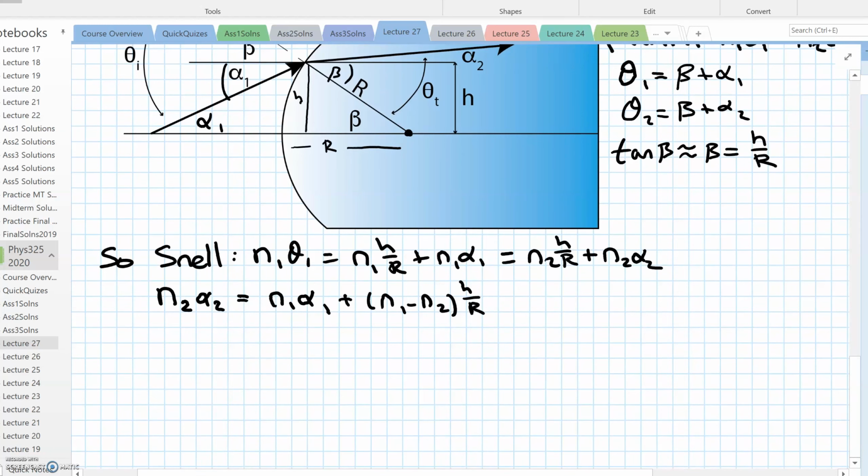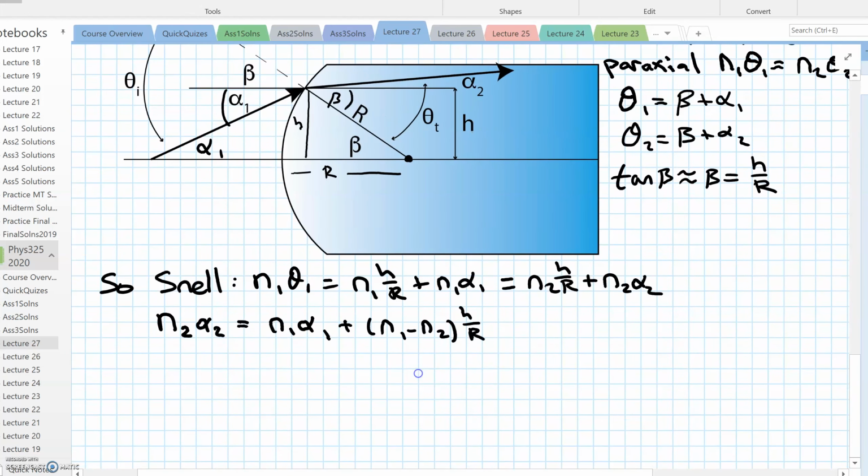So again, we're going to have the heights are the same. Remember, we're going like an infinitesimal distance just across the surface here. So let's write n2 alpha 2 is equal to n1 alpha 1 plus, let's write it in this suggestive way, n2 minus n1 h over r.